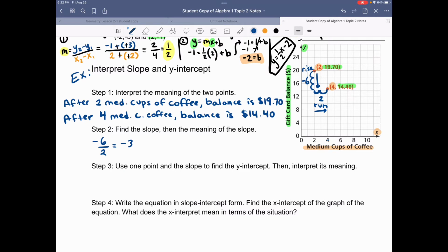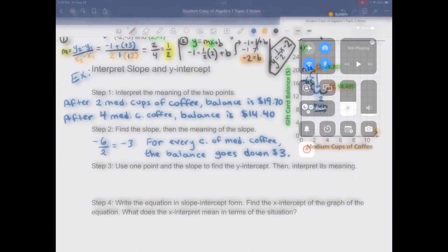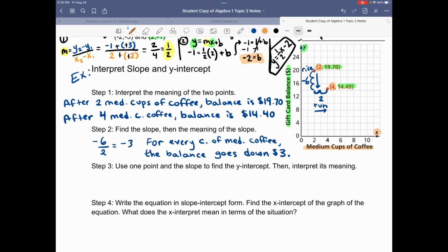So for every cup of medium coffee, the balance goes down $3. I just want to go back and add onto step 2 that this is the slope, which is the rise over the run.